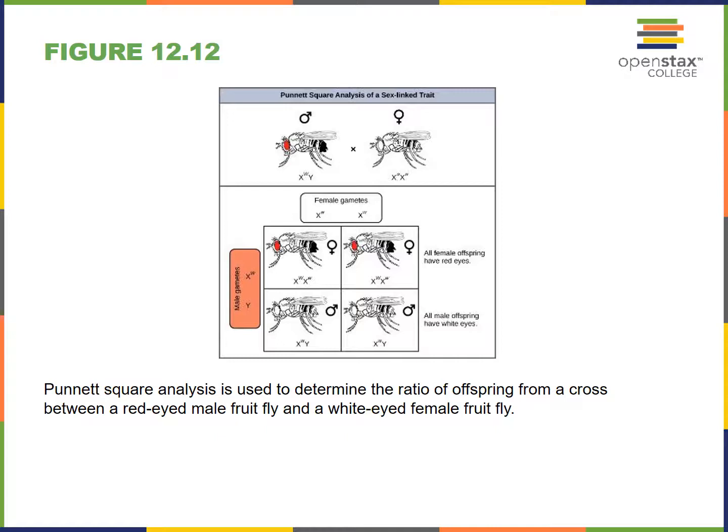One thing I need to talk about is the concept of hemizygous. Males in sex-linked genes are considered hemizygous because they only have one X. Males have one X and one Y, so that equals male.